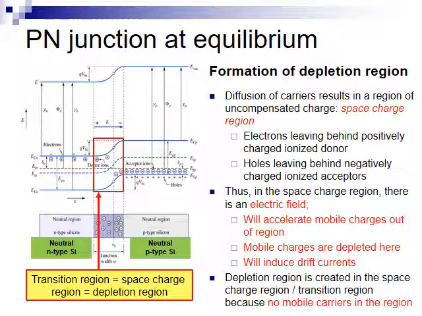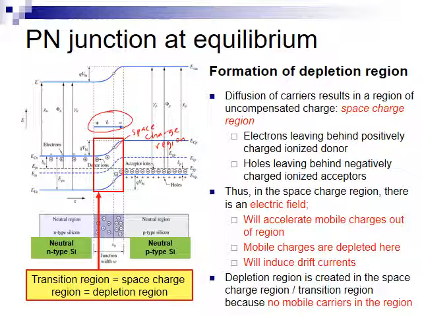Since the separation of charges due to the carrier diffusion creates two regions of oppositely charged ions, the region is known as space charge region and will create the electric field. The electric field across the space charge region has the direction from N side to P side.